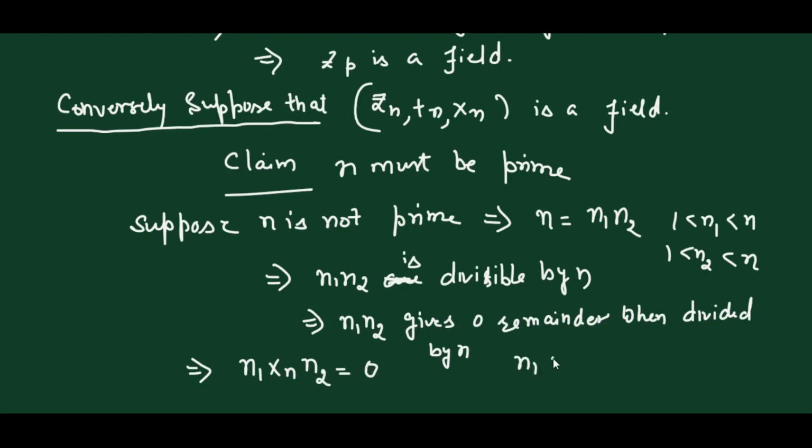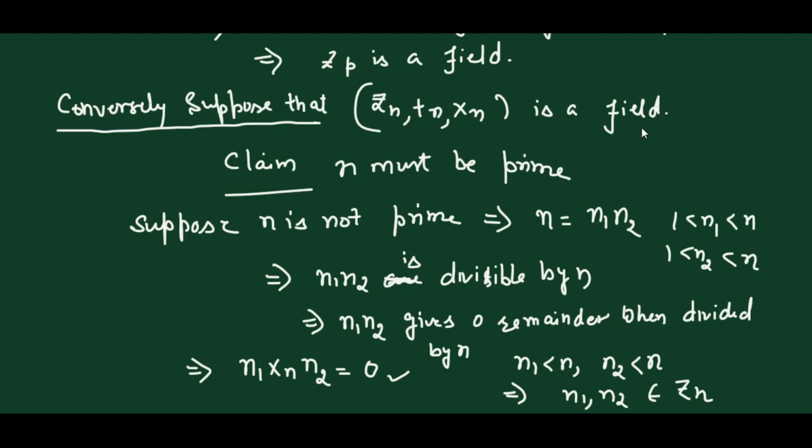Clearly n1 is less than n, n2 is less than n, therefore both these two elements are in Zn, and Zn is a field, and you know that a field has no zero divisor. But here you are showing that the product of two non-zero elements is 0.